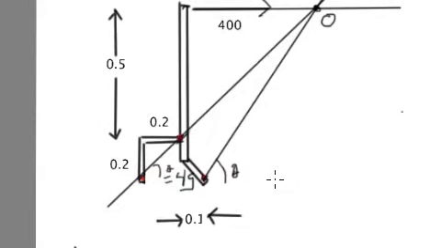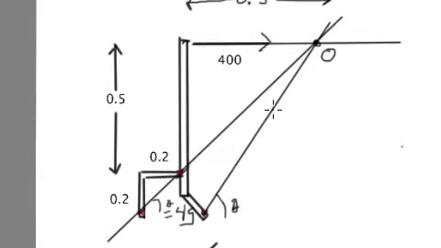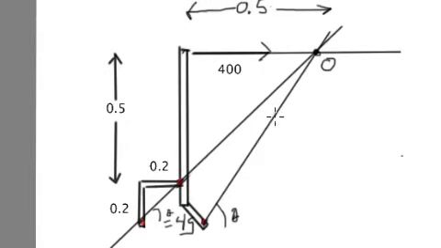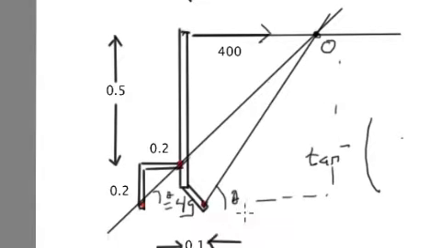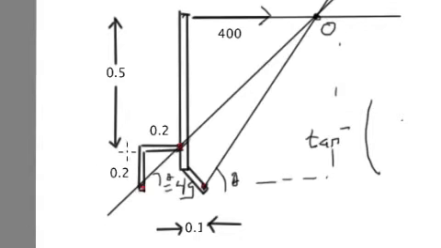We have all our measurements pretty much already set up for us, so all we need to do is take an arctangent of the opposite side of this imaginary triangle. The opposite side is going to be 0.2 up plus 0.5 up, 0.7. That's the length of this side of the triangle. And then we need to find this length.